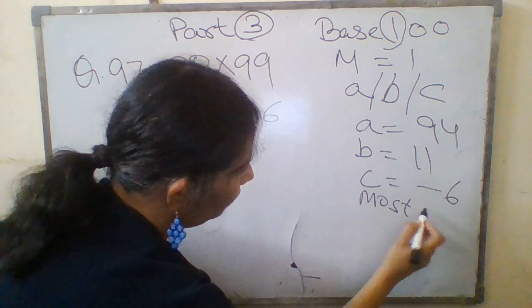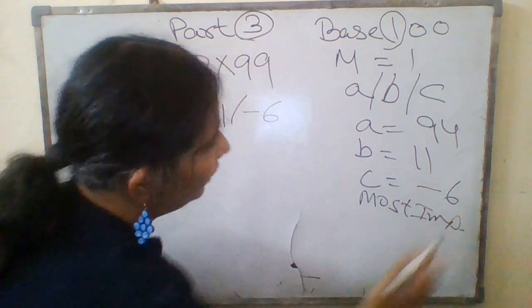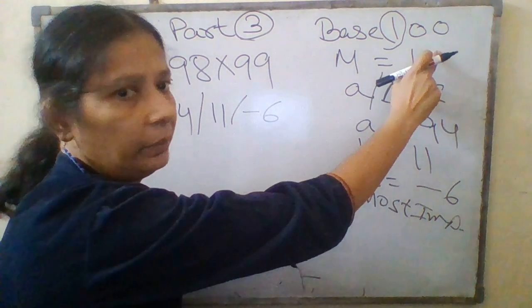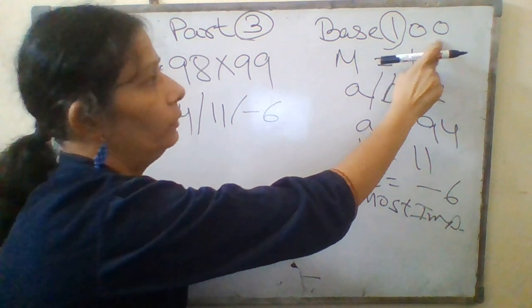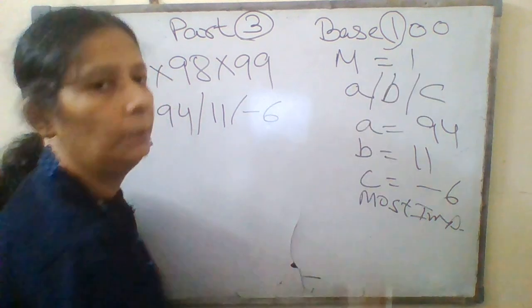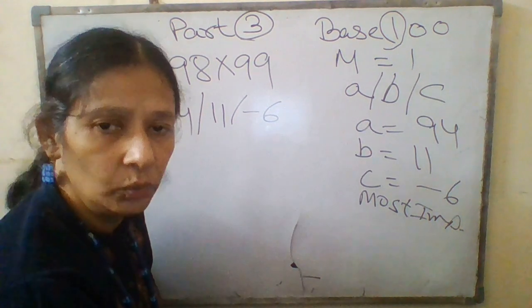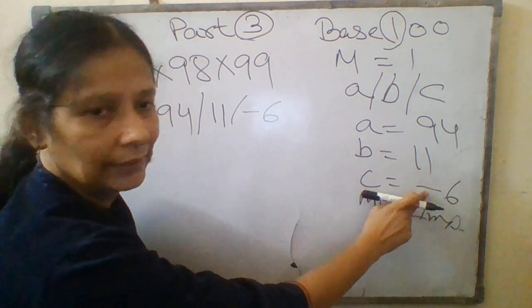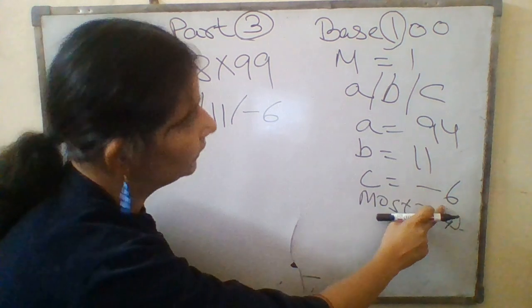Before doing this, you have to look at the base. How many zeros can you see in the base? You can see 2 zeros in the base. So this is minus 6, and this is a single digit.